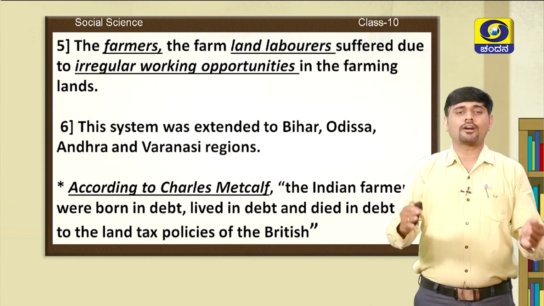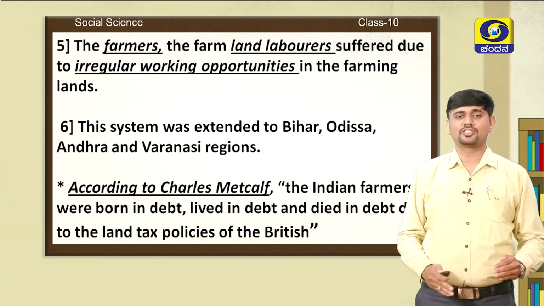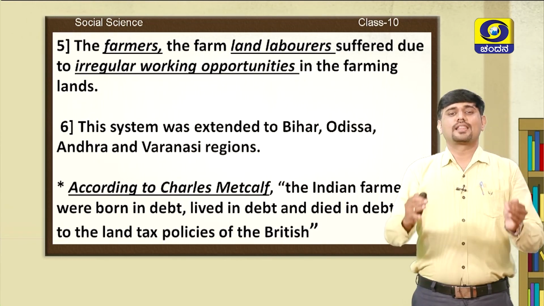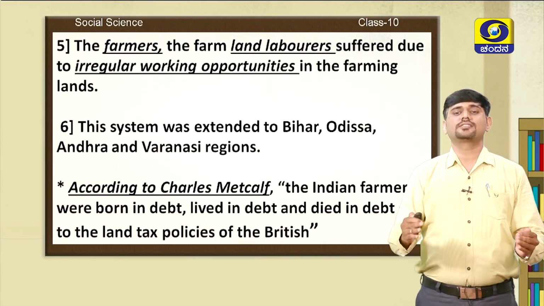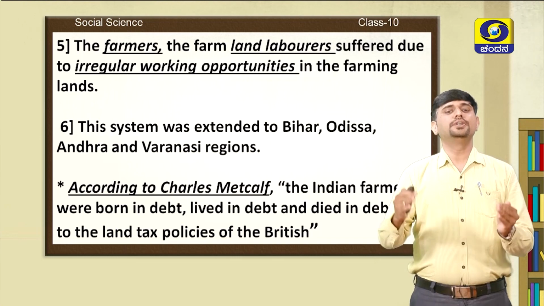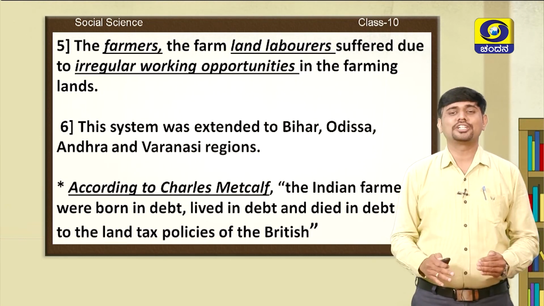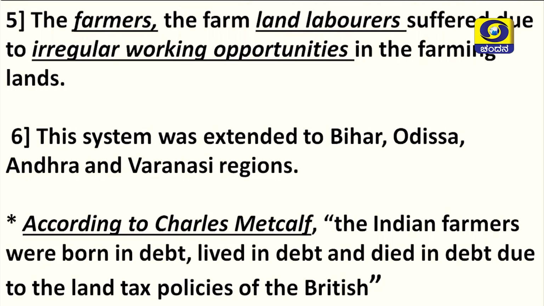Another important feature of the Zamindari system, children: the farmers and farm laborers suffered due to irregular working opportunities on the farming lands. Working opportunities were not continuously found on the land. They had only seasonal working conditions.